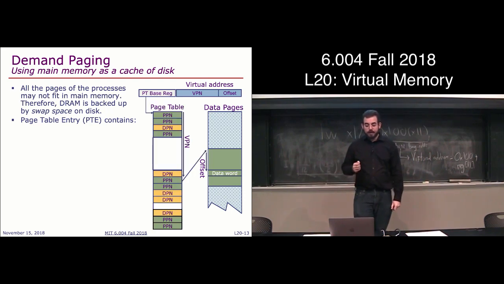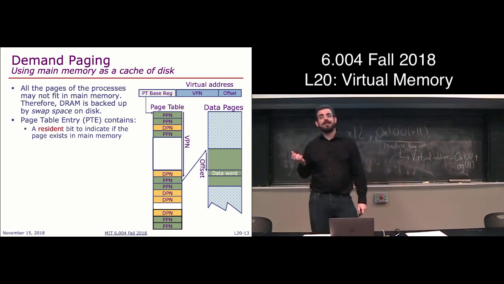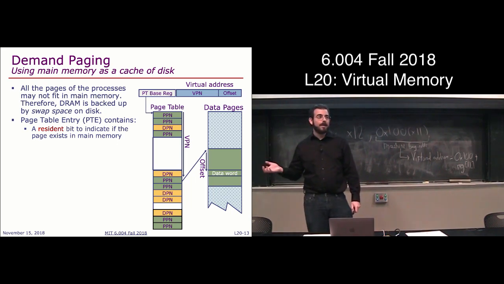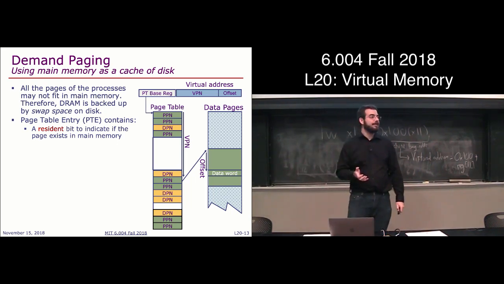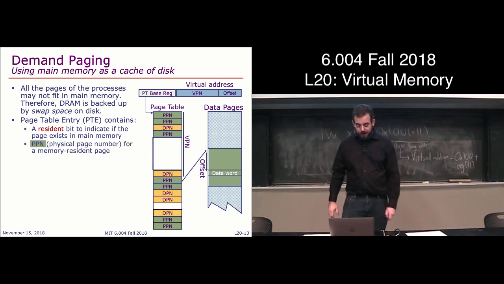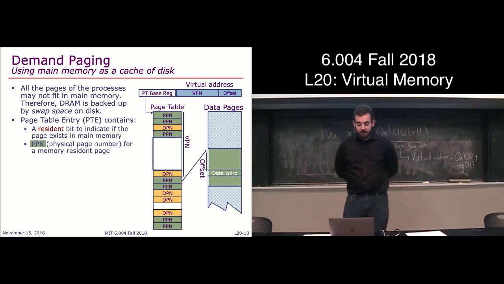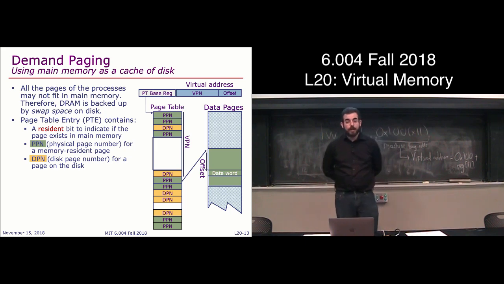Each entry, which we call the page table entry, contains a resident bit to tell us, is this page in DRAM or is this page on disk? If it's resident, it has the physical page number for the memory resident pages. Otherwise, we're going to have a disk page number.